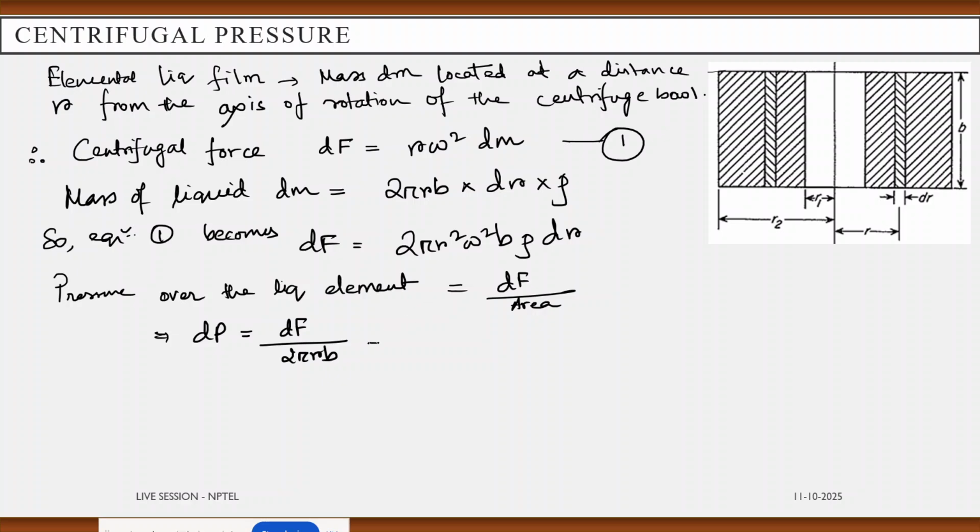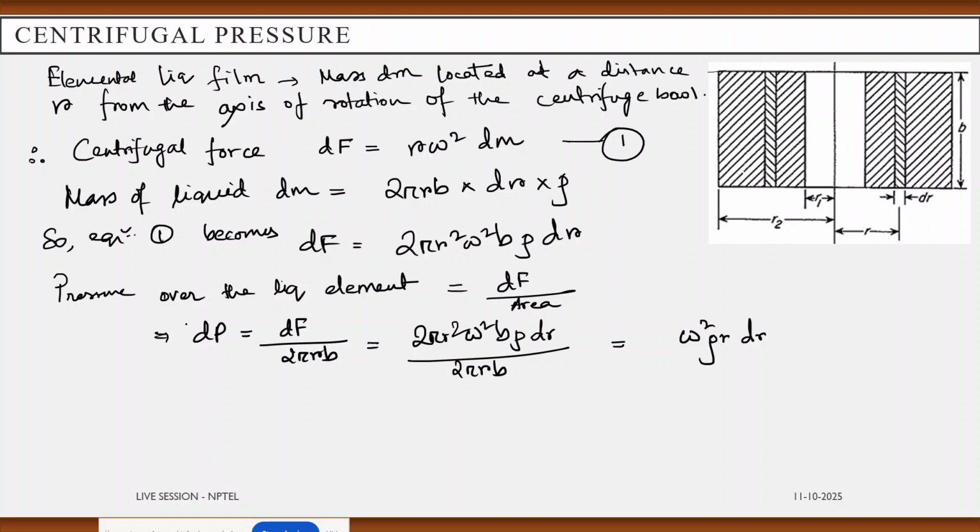When you write down this equation, omega square b rho dr by 2 pi r b, it becomes omega square rho r dr.